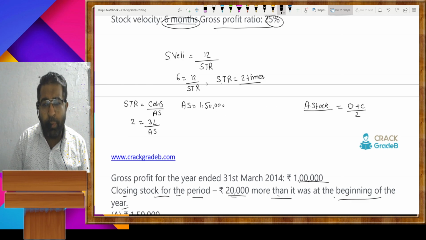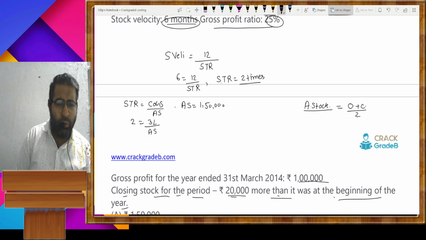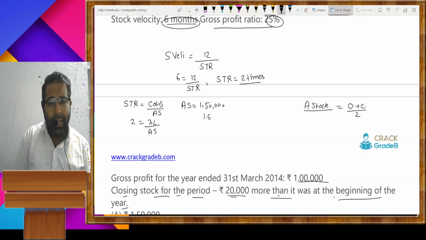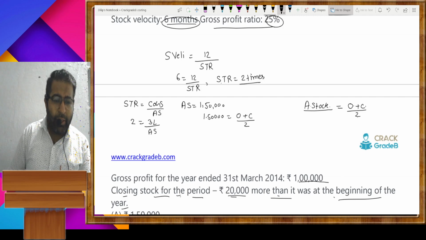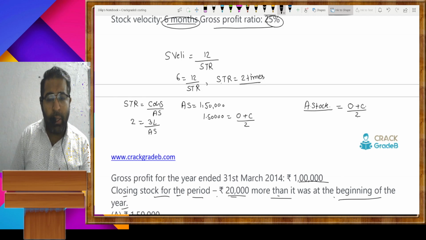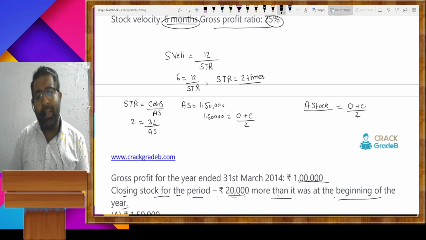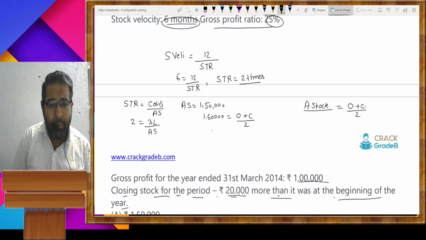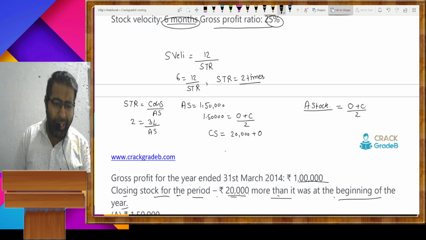Average stock equals opening stock plus closing stock divided by 2. So 1,50,000 equals opening plus closing divided by 2. Here information is given closing stock is 20,000 more than the beginning, means closing stock equals 20,000 plus opening.